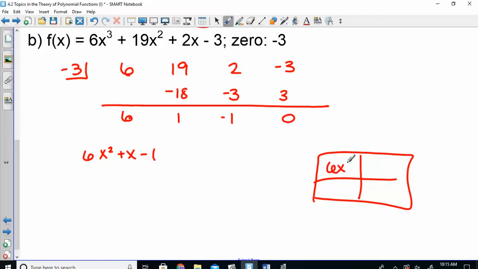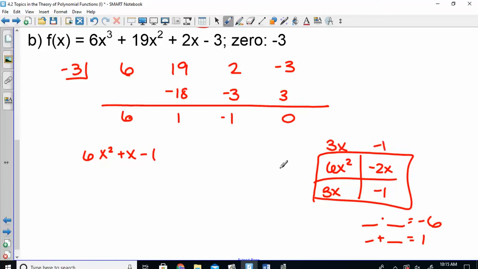So what do we need to do now? Got to factor that. It's not a 1x squared, so we have to do the full box. Multiply to -6, add to +1. -2 and 3.